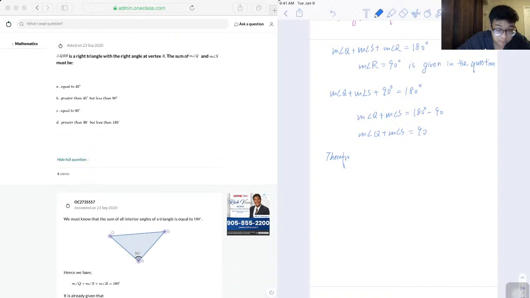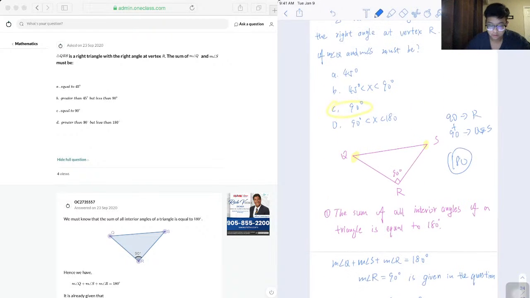Therefore, the sum of the two remaining angles must be equal to 90 degrees. Okay, so our correct answer will be C.